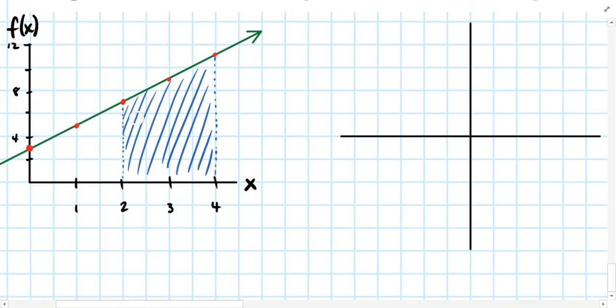Now, using geometric concepts, we should recognize that this shape is a trapezoid whose base number 1 is equal to 11, or you can call this base 2, it doesn't matter. But the height here is 11, and the other base is equal to 7. And so the height, which is a little bit misleading because it's sideways here, the height is equal to 2 units.